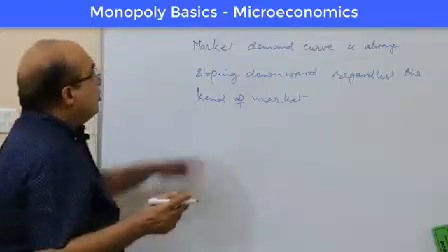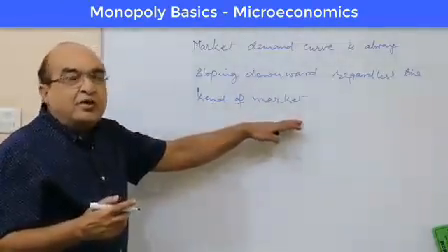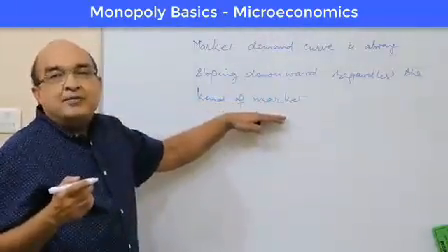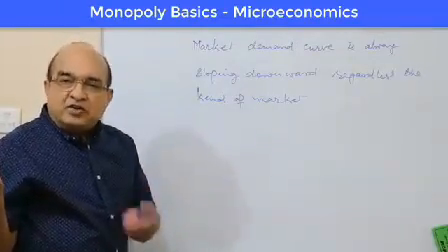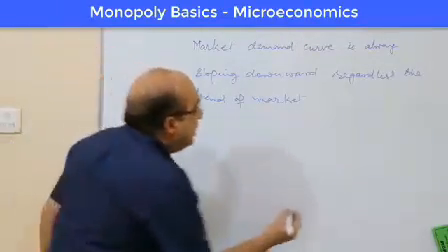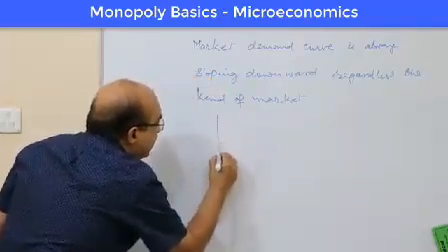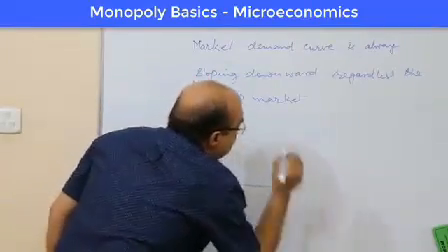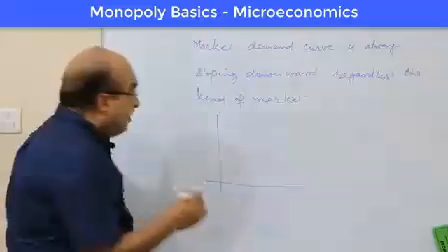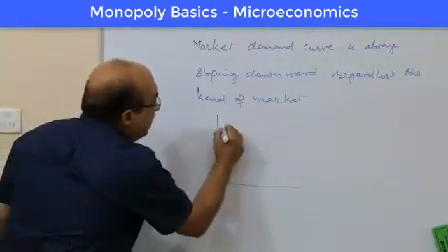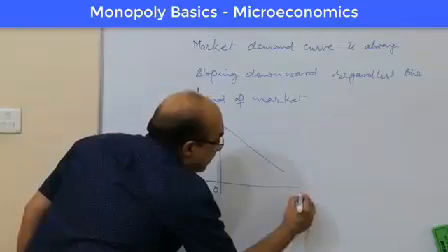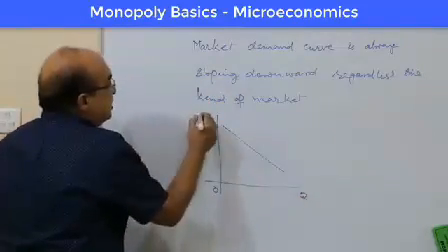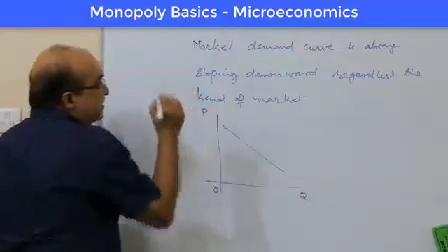Since there is only one firm, whatever is the market demand curve, that will be the firm's demand curve. That means the demand curve that a monopoly firm will be facing is a downward sloping market demand curve, where here you are measuring the quantity and here the price.